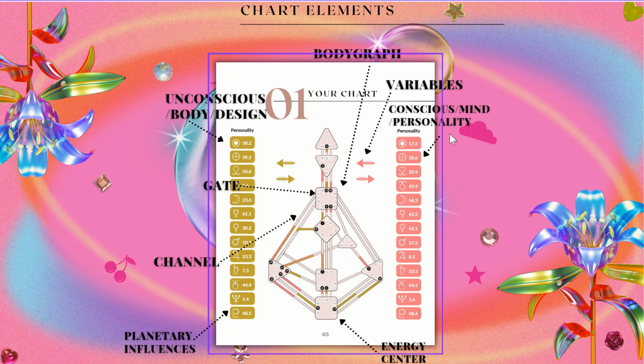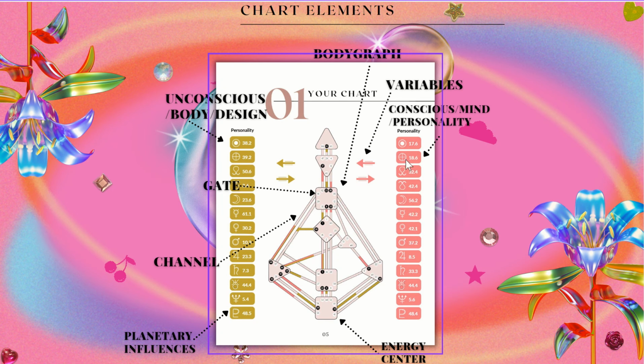So what's the difference between these two sides? Well, in human design, there are two calculations that are used to generate your human design chart. There's your conscious side or your personality side. This was calculated at the exact moment that you were born, the moment you came into this world and you were separated from your mother.